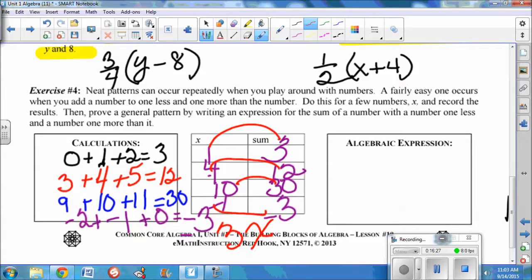Now, that's kind of cool that that happens. Let's see, algebraic expression. So now let's talk about it in general. What if we pick some number x and we add, I'm losing my stylus, that's why it's getting all wacky on me here.